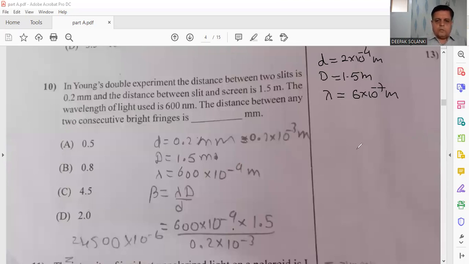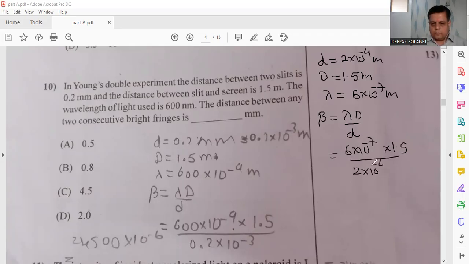The distance between any two consecutive bright fringes, that is beta. So beta is lambda D upon d. So 6 into 10 to power minus 7, D 1.5, and small d 2 into 10 to power minus 4. So it is 4.5 into 10 to power minus 3 meter, so it is 4.5 millimeter. So this is your answer, D, 4.5 millimeter.